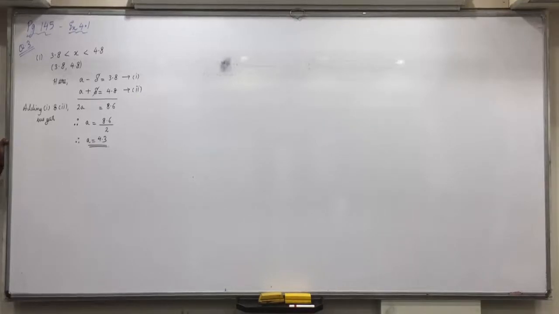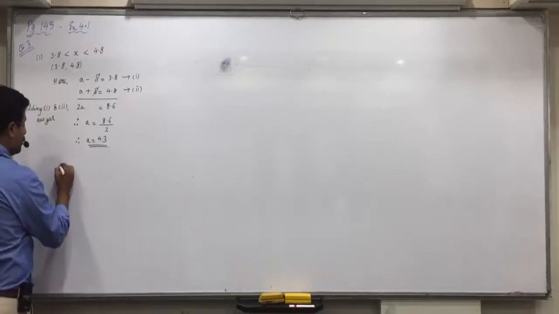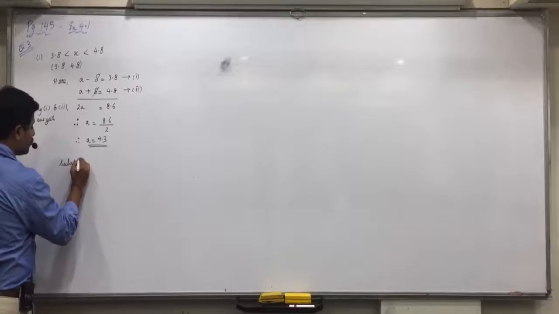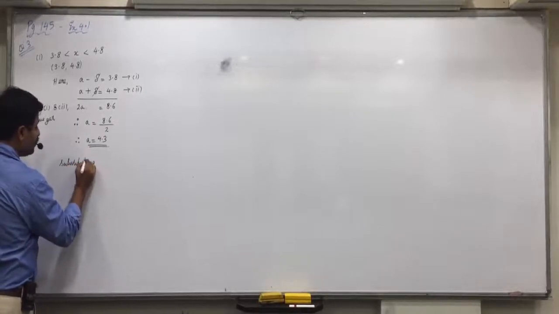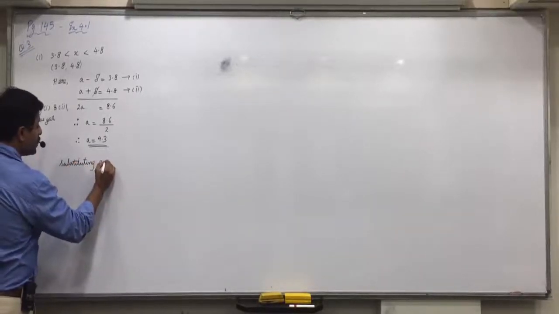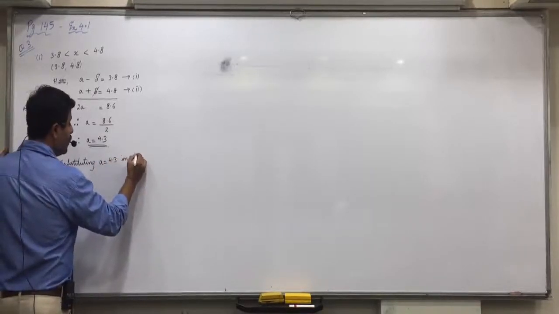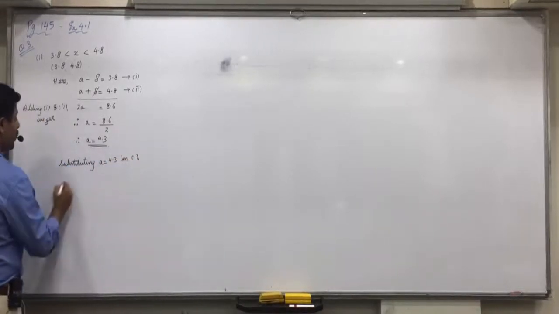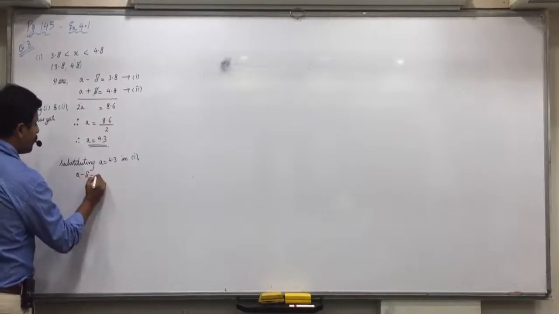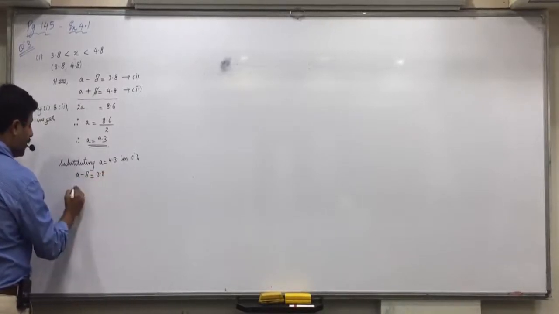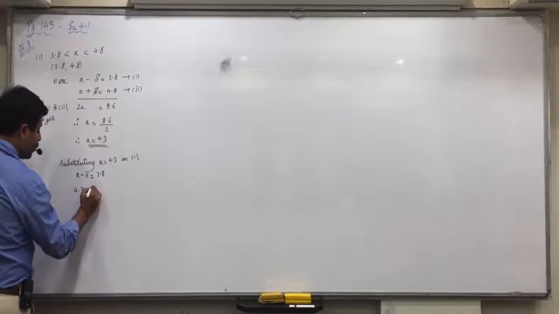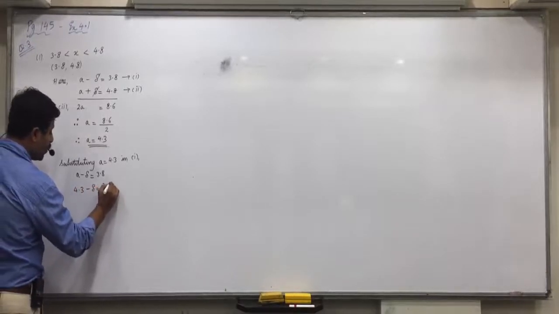Suppose you substitute a equals 4.3 in equation 1, we get a minus delta is 3.8, so 4.3 minus delta equals 3.8.